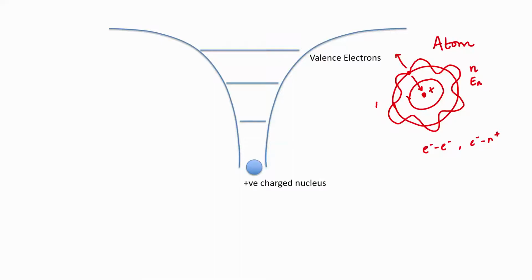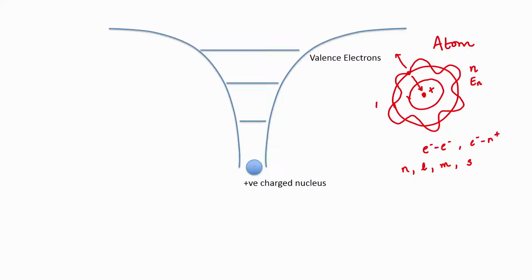You might also be familiar with these from your high school, quantum numbers such as the principal quantum number, the azimuthal quantum number, the magnetic quantum number, and the spin quantum number. So therefore, in an atom, we have electrons occupying discrete energy levels inside the atom.